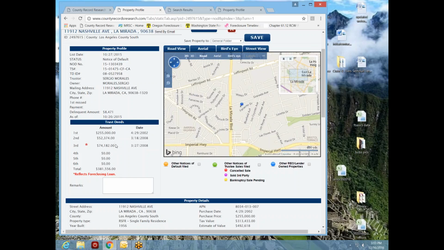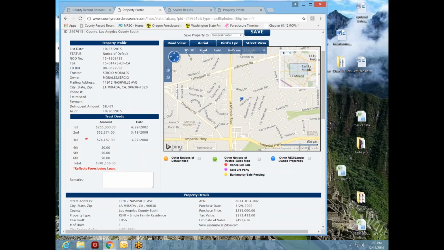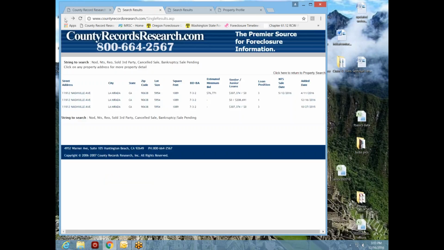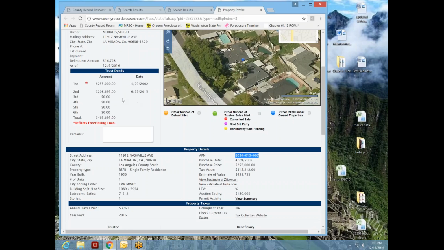So maybe this fella did take out that loan in 2015. Maybe he does have the two loans against the property. Because he had these two loans here, and he had a notice of default that looks like issued in 2015 on those loans. This is a little peculiar now, because let me go back to his original property profile.